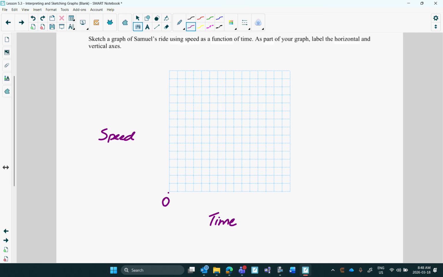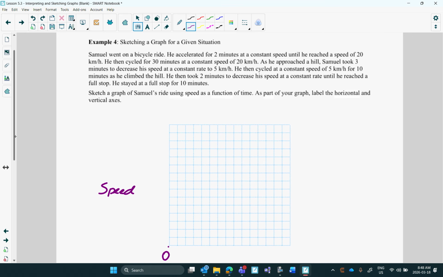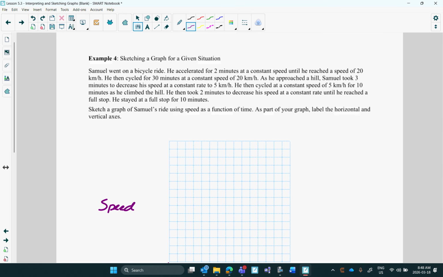We need to figure out how much do we go up by every grid line? Like 5 minutes, 10 minutes, 2 minutes, 1 minute. Well, to do that, let's look at how long this ride lasted. He started pedaling for 2 minutes, right? Then he went for 30 minutes, so now we're at 32 minutes.